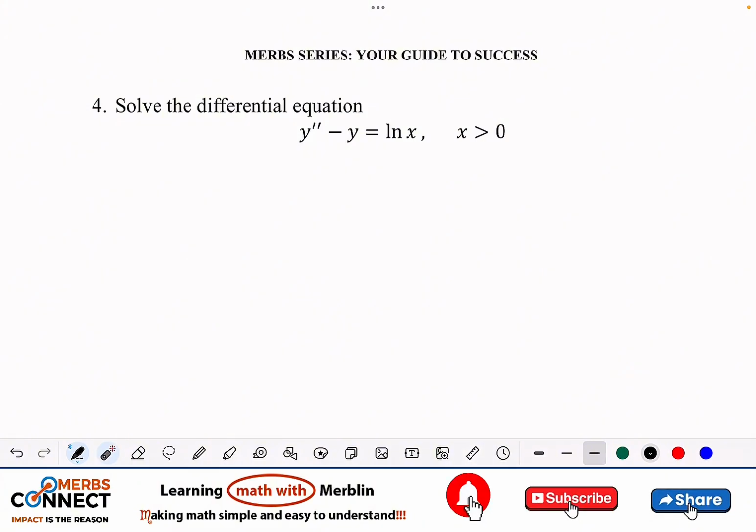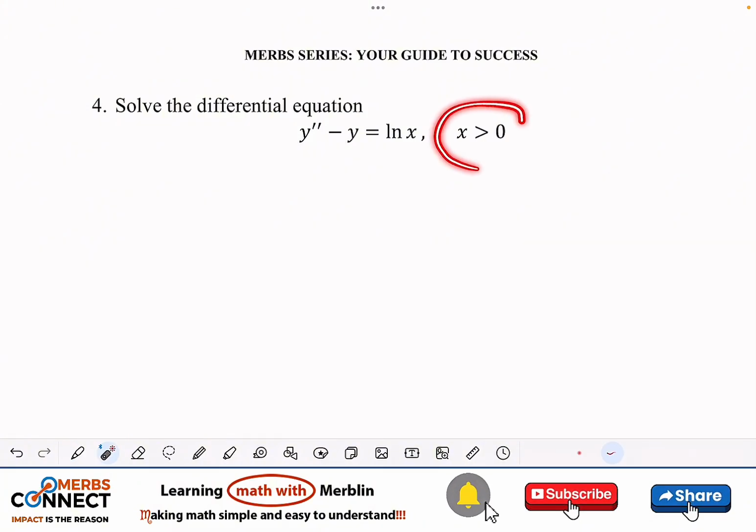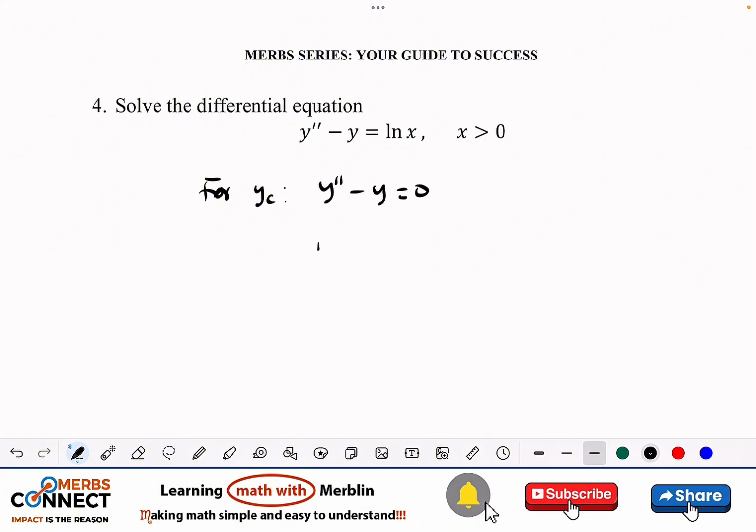So here we are saying that x should be greater than 0 because the ln function's domain is defined when x is greater than 0. So this one is going to be m squared e to the power mx. So for the complementary solution, y prime prime minus y should be 0, and then m squared e to the power mx minus e to the power mx should be 0.